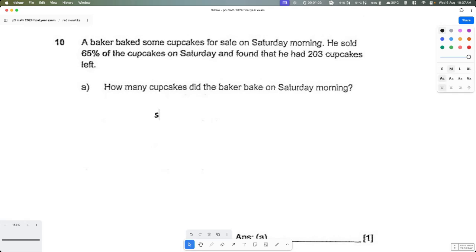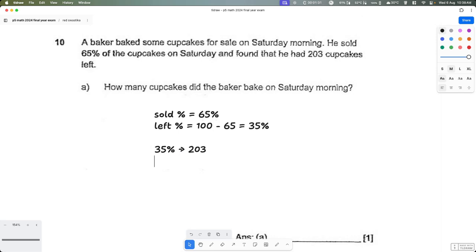So we know that he sold 65%. What is left, in terms of percentage, is 100 minus 65, which is 35%. So 35% is equal to 203 cupcakes.